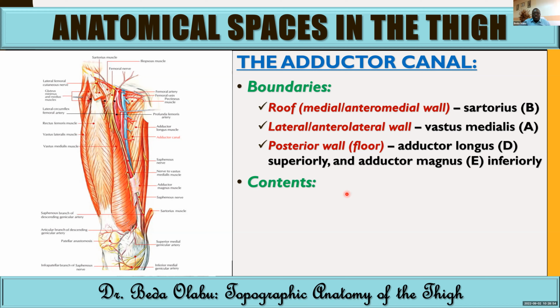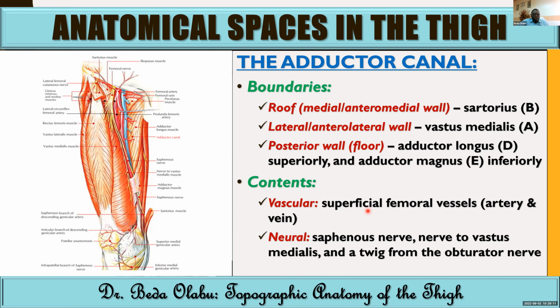What are the contents? There are some vascular contents. The blood vessels within this tunnel are the superficial femoral artery and the superficial femoral vein. Then we have nerves. Which nerves are within this tunnel? We have the saphenous nerve, which is the terminal branch of the femoral nerve.